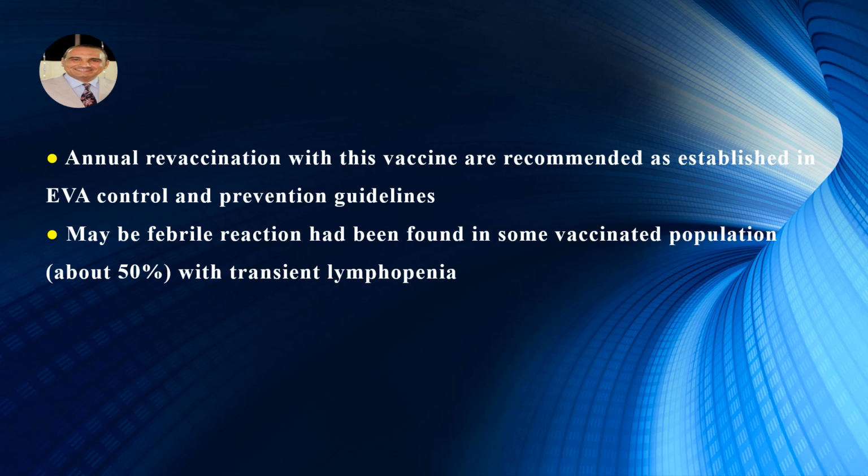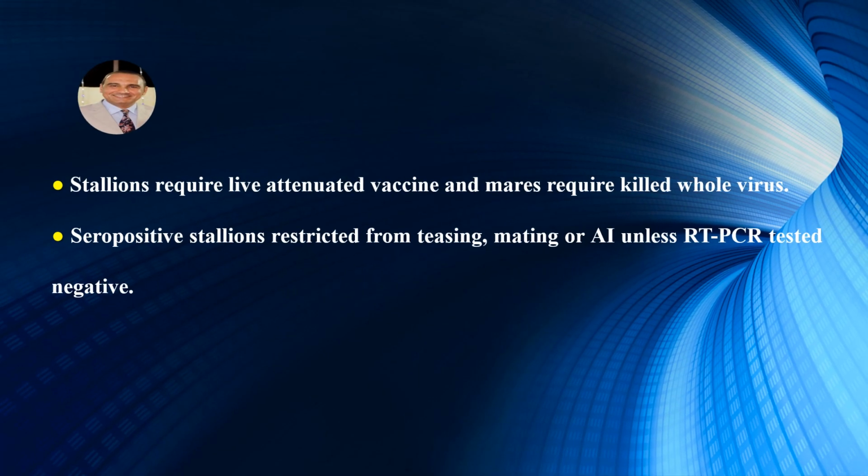Febrile reaction may be found in some vaccinated animals, about 50%, with transient lymphopenia. Stallions require live attenuated virus vaccine, while mares require killed whole virus vaccine. Seropositive stallions are restricted from teasing, mating, or AI unless RT-PCR tested.